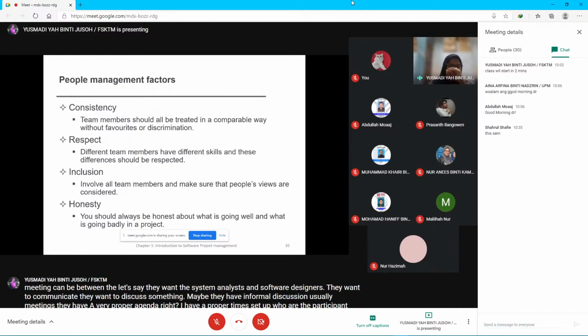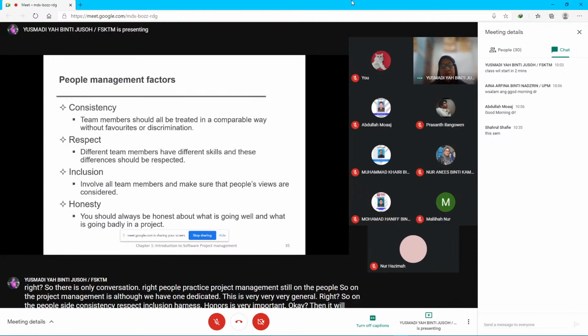Right, people factors, project management, still on the people. The project management factors are very, very general. On the people side, consistency, respect, inclusion, and fairness are very important, because these factors will impact emotions and further the work progress.